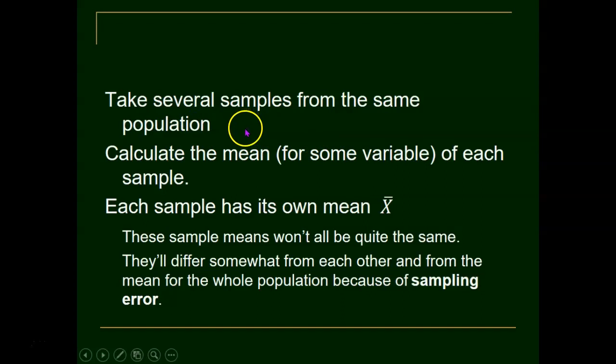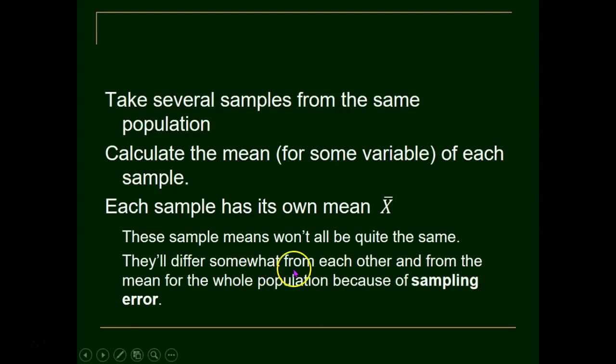So if you take several different samples from the same population and calculate the mean for some variable, in this case, the height of the flowers, each sample is going to have its own mean. The X bar for that sample won't be quite the same as the X bar for some other sample.